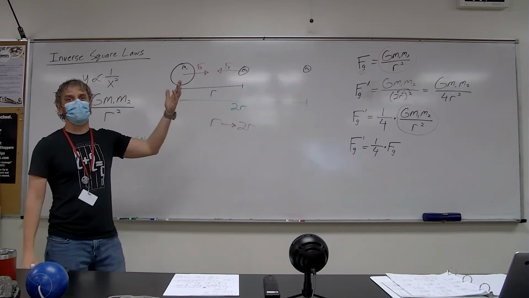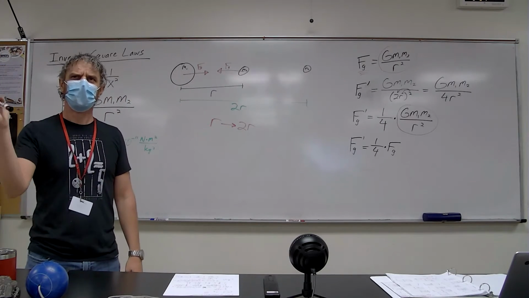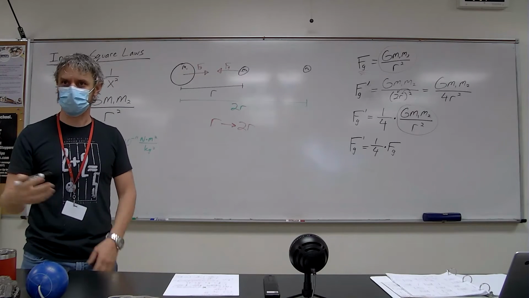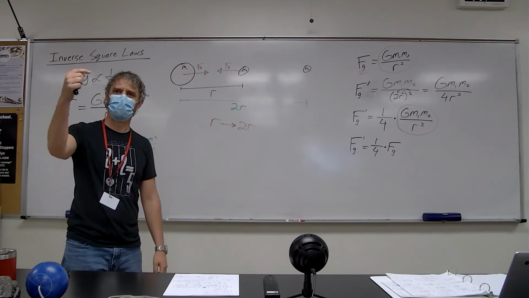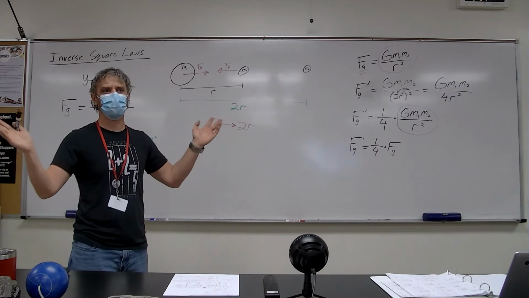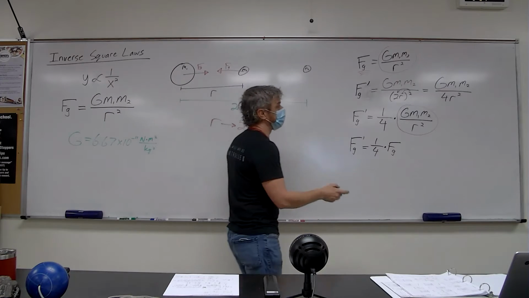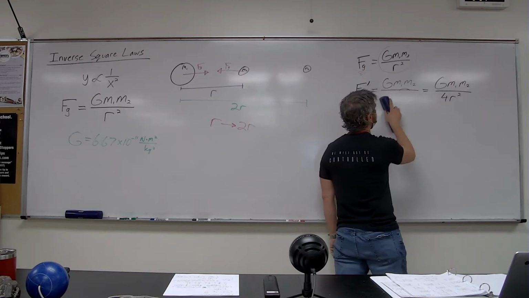Now, if it's easy like this, if it's just doubling the distance, then you can do that in your head. You can say, well, inversely proportional to the square, so I got to square the 2, and I get a 4 in the denominator. So it's 1/4. If it's 5 times farther away, I put a 5 in the denominator, and it gets squared, so it's 1/25, right?